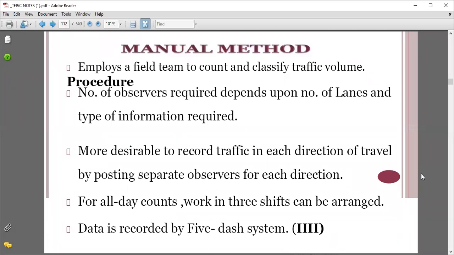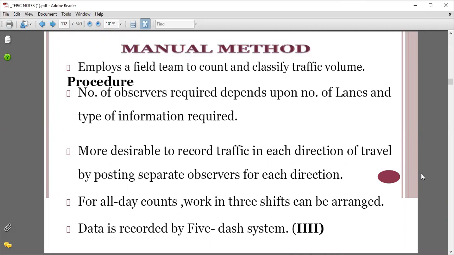The next one is that for all-day count, work can be arranged in three shifts. It means if you want a detailed traffic survey, then we can arrange the counting of traffic volume in three shifts.